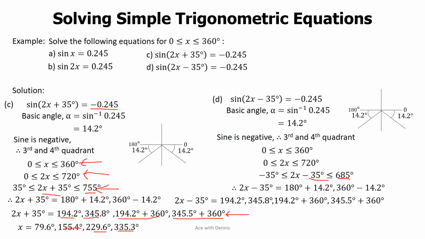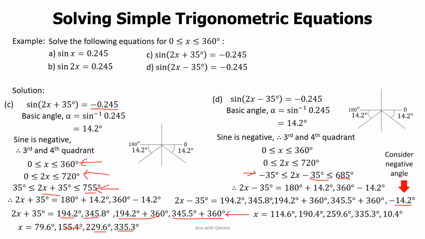We also have another angle which can be included here, which is the negative angle, minus 14.2 degrees. We can consider the negative angle because we check the range, and the range starts from negative 35 degrees. So for the angle of 2x minus 35 degrees, negative 14.2 degrees is still within the range, so we can consider this angle.